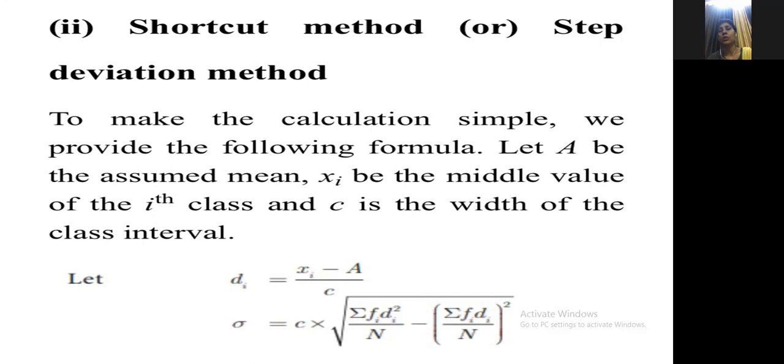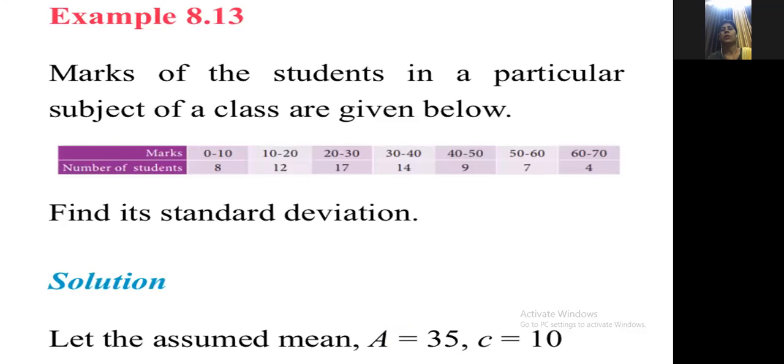The f was not there in the previous step deviation method for ungrouped data. The square root of this is multiplied by the class interval, and that gives us the value of the standard deviation. We will also understand it with the help of an example.